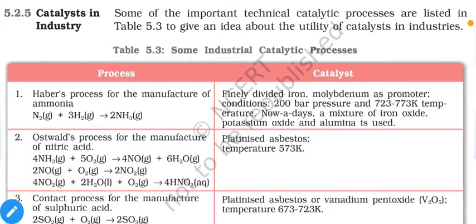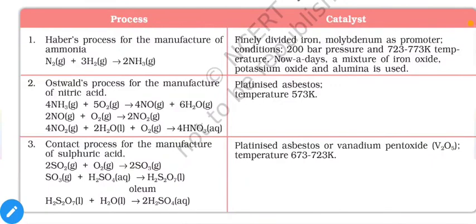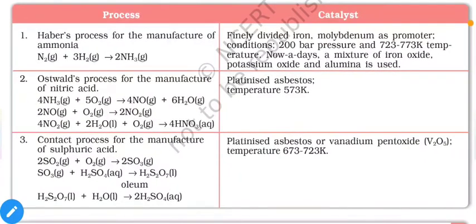So next is catalysts in industry. Few important examples are mentioned here. So first is the Haber process for the manufacturing of ammonia. So the simple process is N2 when reacts with H2 gives NH3. But this is not as simple a reaction as it seems, and you can observe it from the list of catalysts mentioned here.